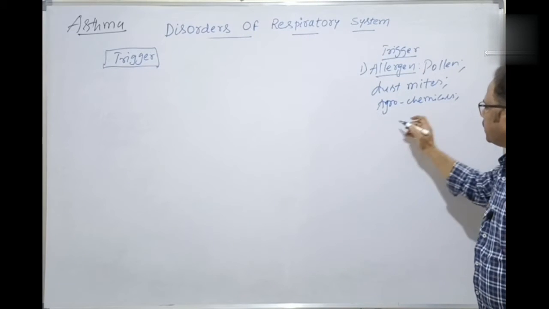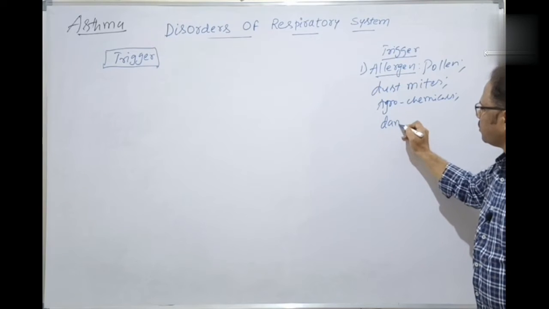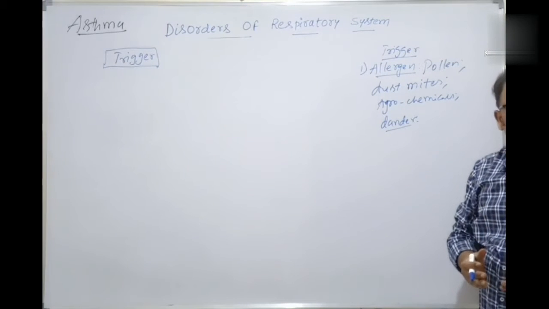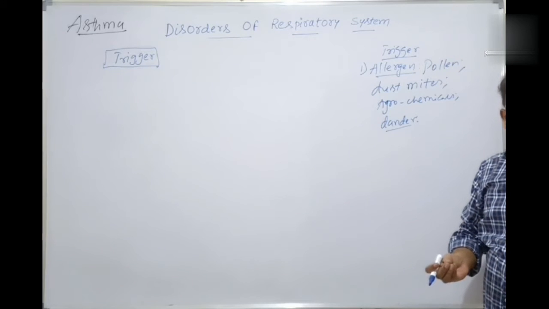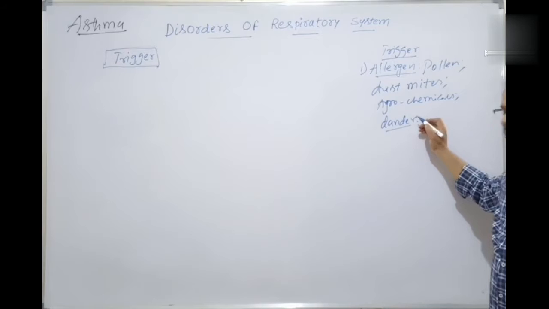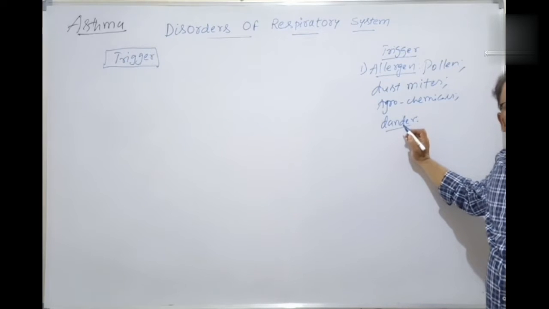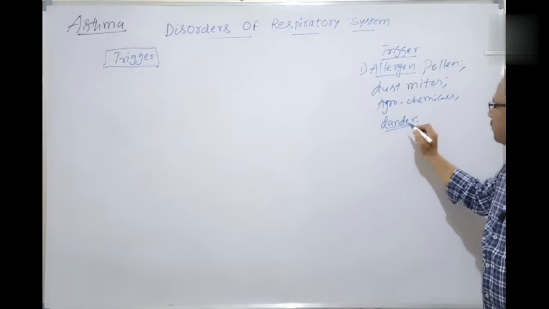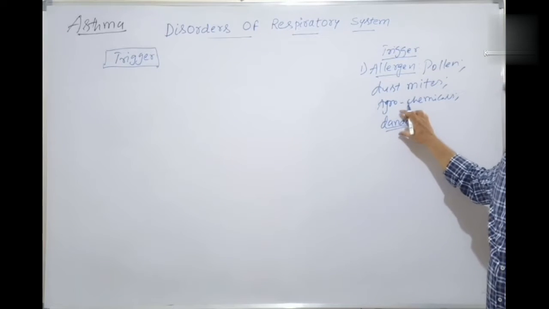It can be animal dander. What is animal dander? It can be bird feathers, bird fecal matter. Even cow dung, horse dung, any animal particle is called dander. Some people are allergic to animal dander also.